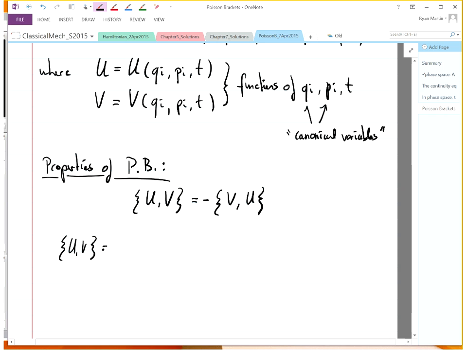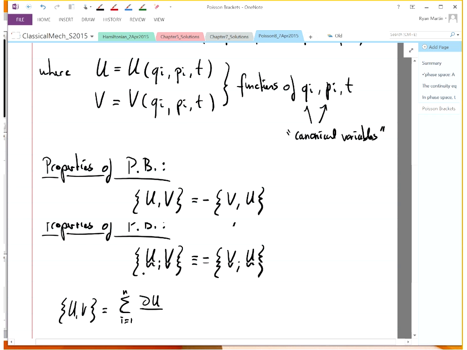So let's write it out explicitly. The Poisson bracket with U and V is exactly what we already wrote.